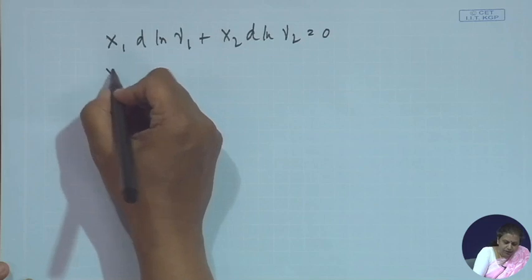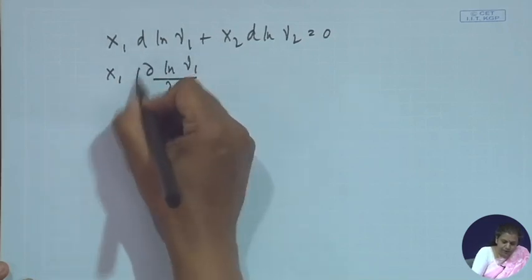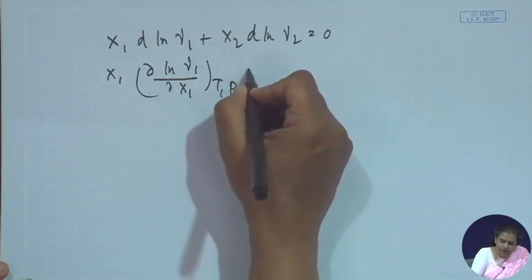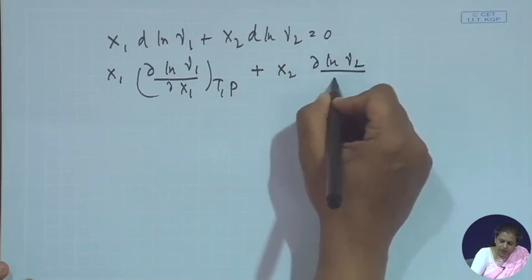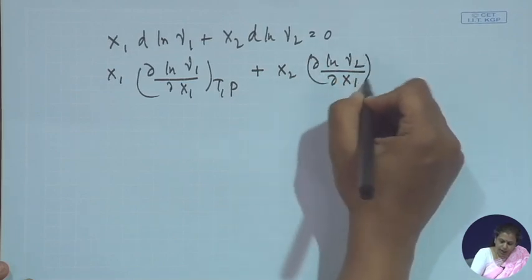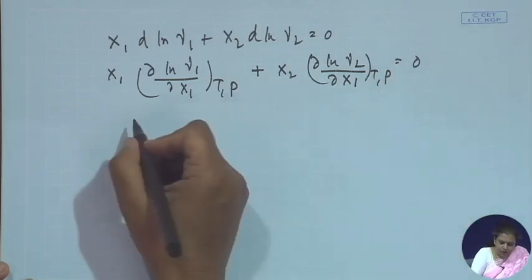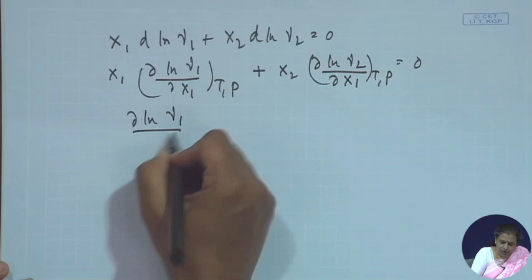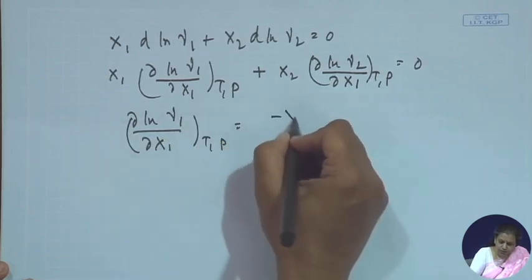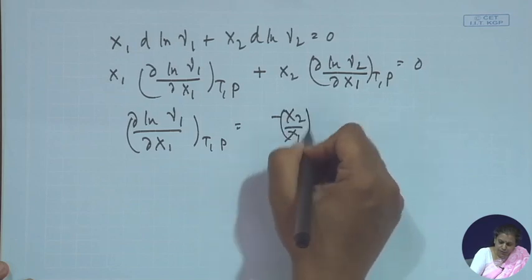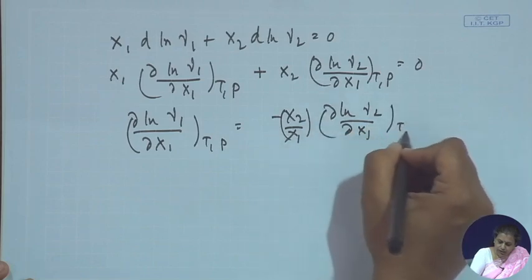Can we not write it down as x1 del ln gamma 1 by del x1 at constant temperature and pressure, plus x2 del ln gamma 2 by del x1 at constant temperature and pressure, equal to 0, or in other words del ln gamma 1 by del x1 is this not equal to minus x2 by x1 del ln gamma 2 by del x1 at constant T, P?